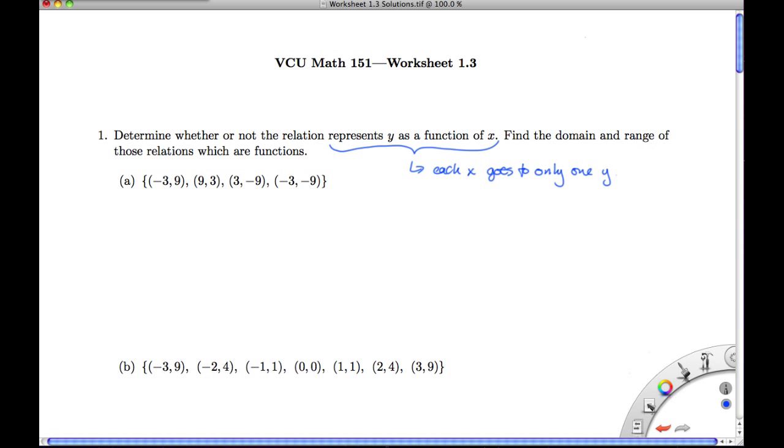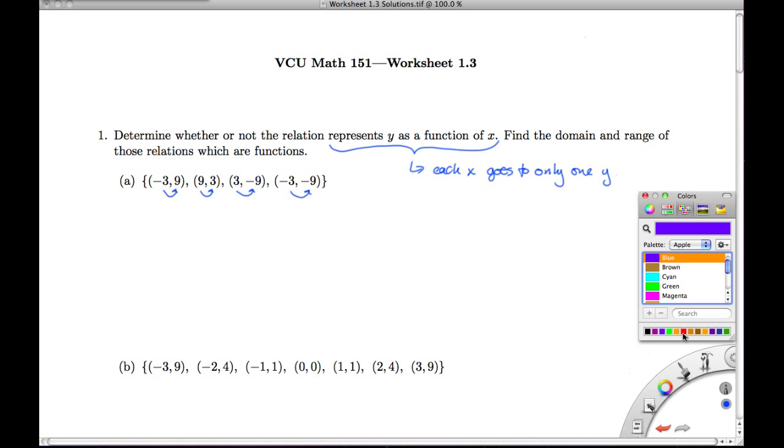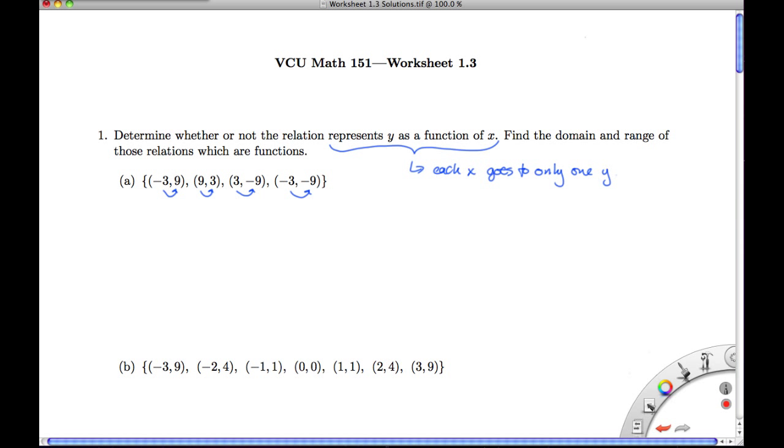So if we look at a in number one, what we would notice is that x equals -3 goes to 9, x equals 9 goes to 3, x equals +3 goes to -9, and x equals -3 goes to -9. So that shows the mapping of the x's to the y's. The thing that we're going to want to watch out for here is that when we have -3, it's actually going to two different y values.